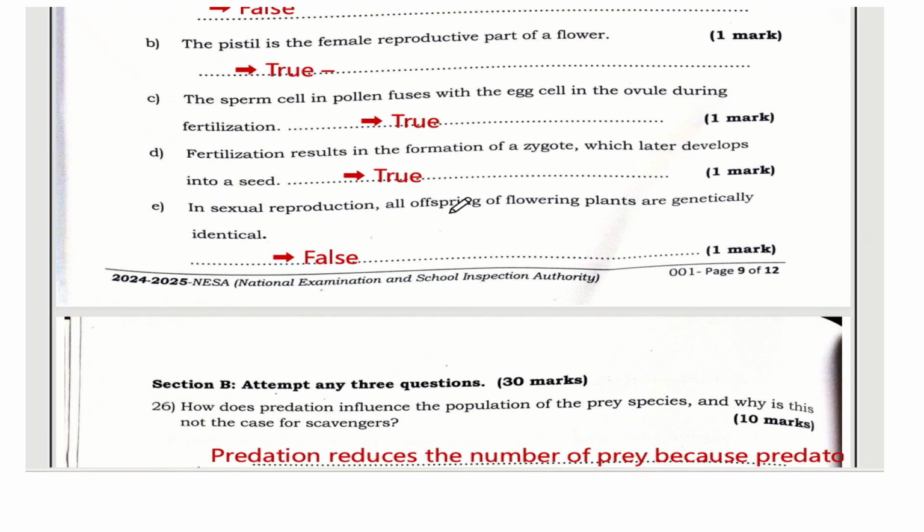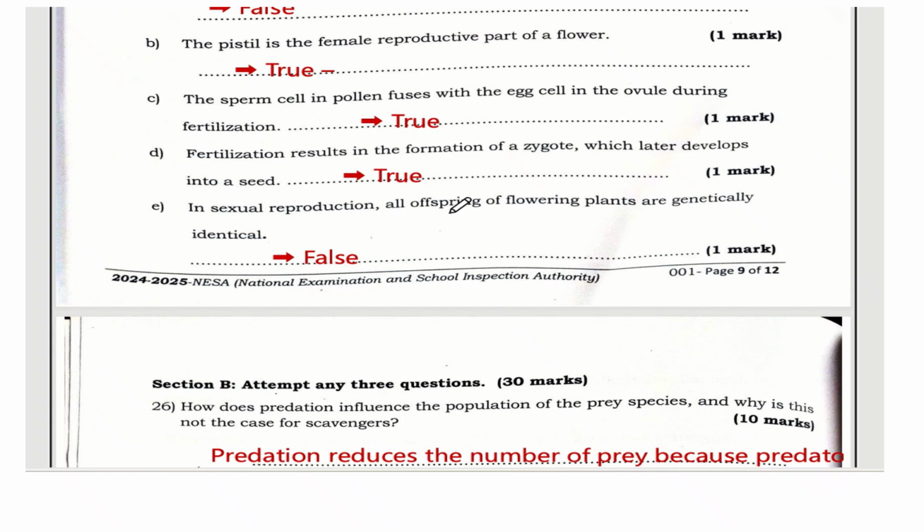In sexual reproduction, all offspring of flowering plants are genetically identical. This statement is false because in sexual reproduction, offspring vary genetically.